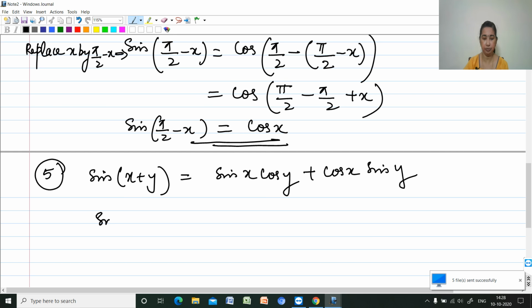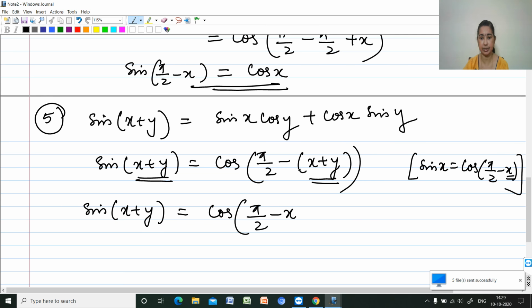That is the third identity. In this result I am putting x plus y instead of x. Same way, cos of pi by 2 minus, instead of x I am writing x plus y. So this can be written as sine of x plus y is equal to cos of, opening the bracket, pi by 2 minus x minus y, this together.